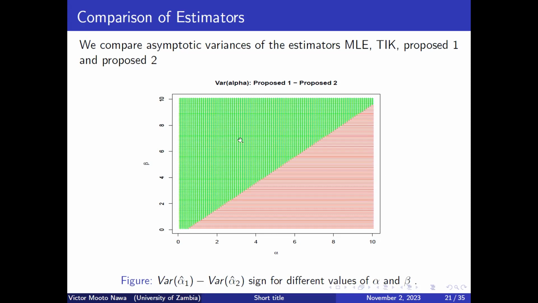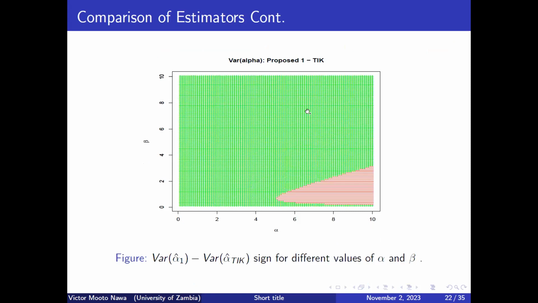So in this region above here, we have positive signs. In the region below here, we have negative signs, meaning that our proposed estimator 1 is more efficient in this region below here compared to the proposed estimator 2. And then we do the same thing. We compare the variances of alpha hat 1 and TIK.